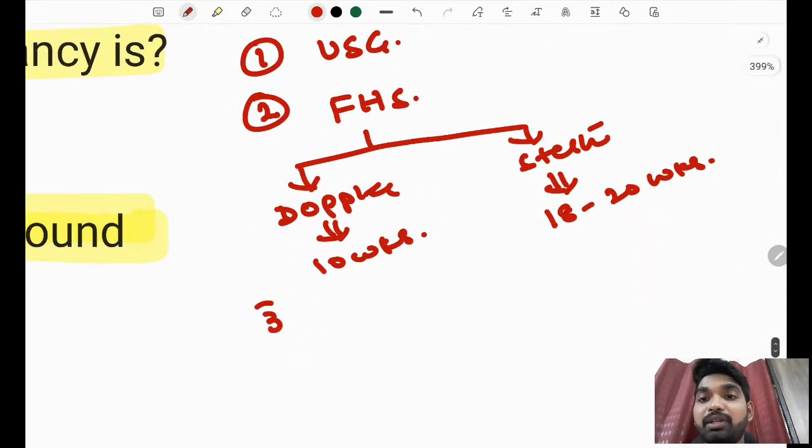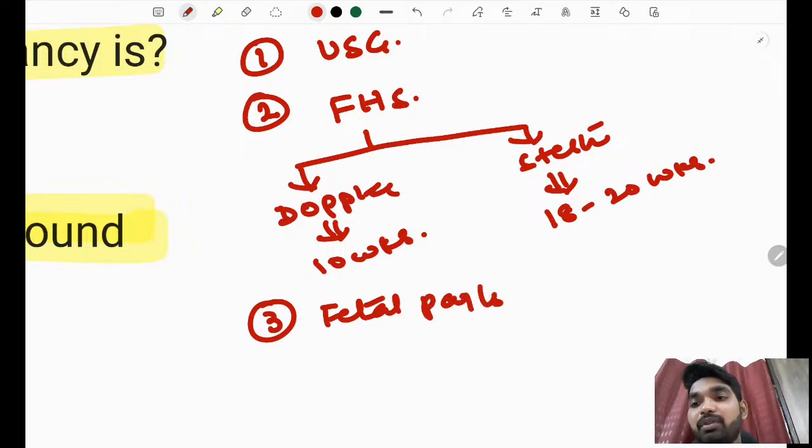And the other one is when you palpate the fetal parts parabdominally, that also confirms that the woman is pregnant. So fetal parts palpable.